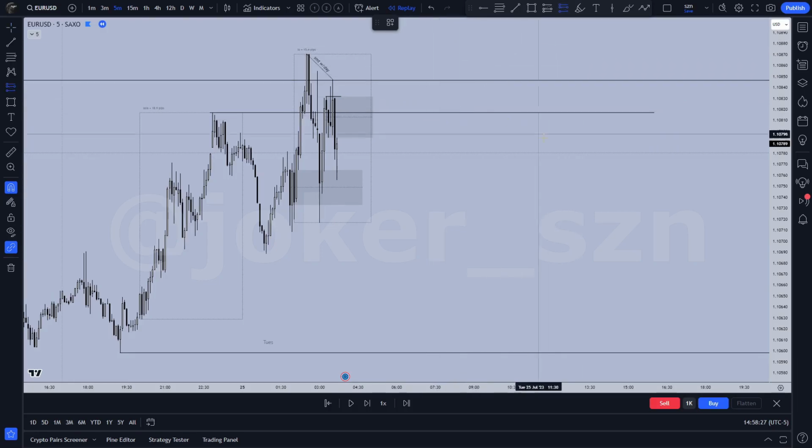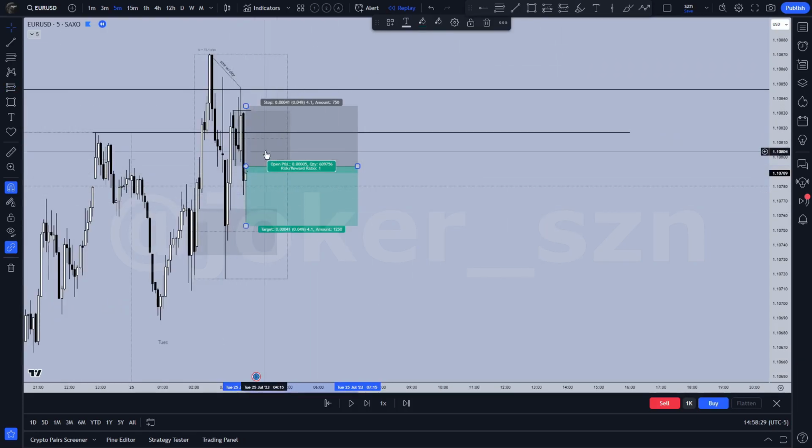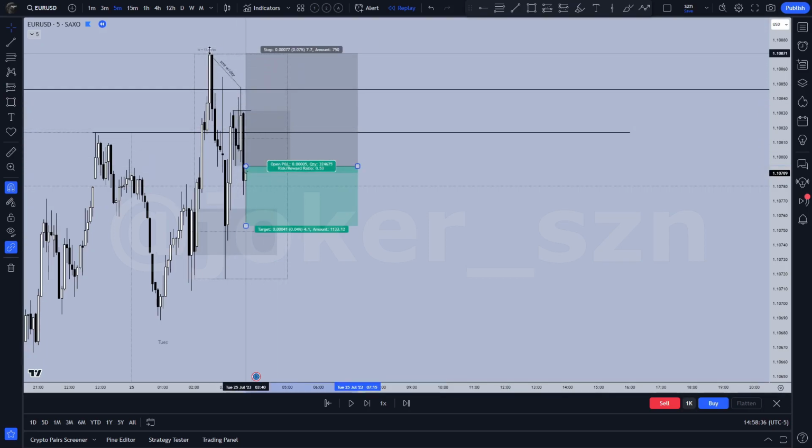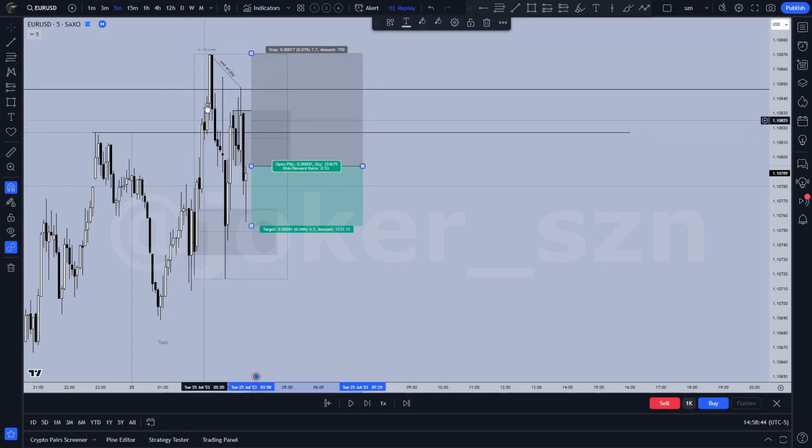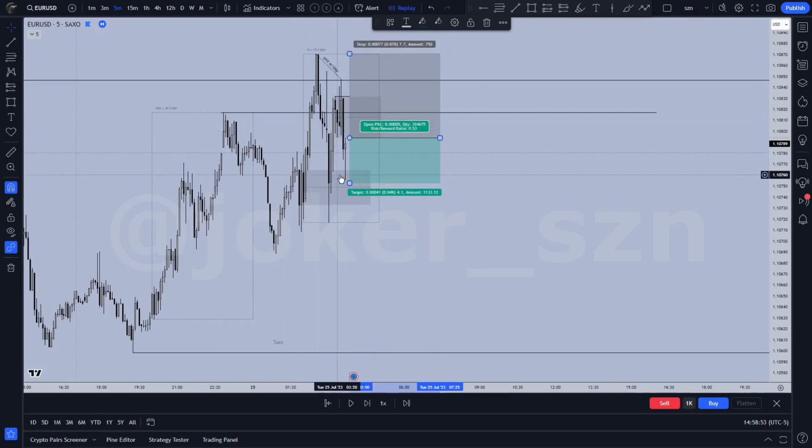Again we place a limit here at the fair value gap, which is right at the breaker as well, and then stops we put above the London high. Again you can use the SMT high as well, but I feel more comfortable using the SMT high, especially because we are trading in quite a tight range with only a 7.7 pip stop here, so that's still quite a decent stop size.